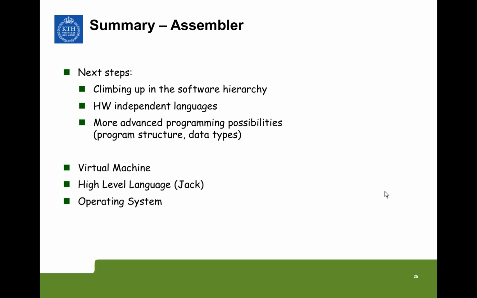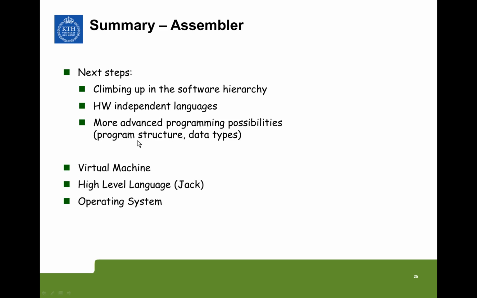So let's see what will be the next steps in the course. Well, we will continue to climb up in the software hierarchy so that finally we reach hardware independent languages and also can allow more advanced programming possibilities, right? Complicated program structure.